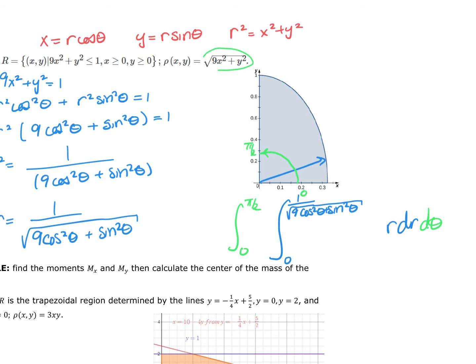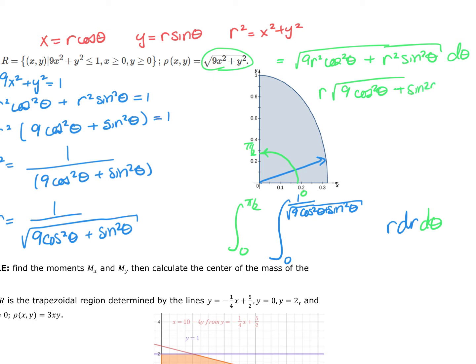and I need to convert this. And this becomes, fortuitously, 9r squared cosine squared theta plus r squared sine squared theta d theta, which is going to give me an r, 9 cosine squared theta plus sine squared theta.